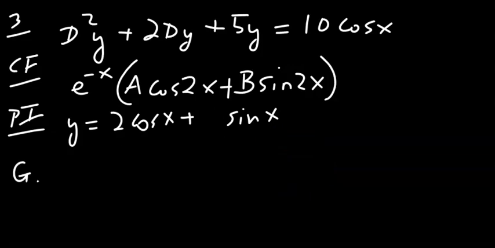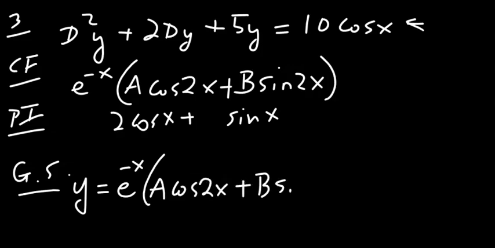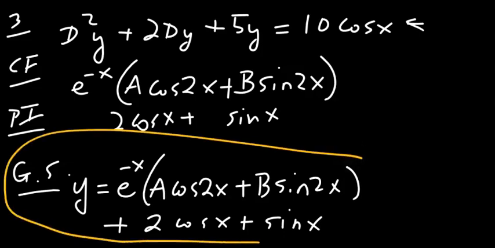The general solution to this differential equation is therefore y equals the complementary function e^(-x)(a cosine 2x plus b sine 2x), plus the particular integral, which is 2 cosine x plus sine x. And that is the general solution to this differential equation.